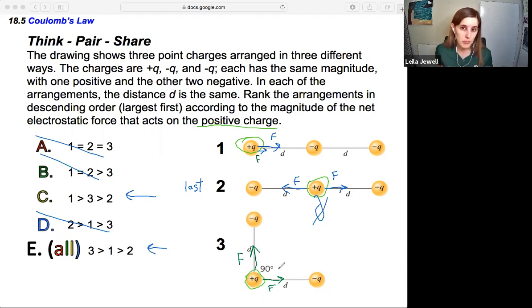Now, if you want to show that more mathematically, you can go to Coulomb's law with F equal to k times Q times Q, they all have the same magnitude Q, all over the distance squared, r squared. And you could put in the distance, where r is either going to be d or it would be equal to 2d.